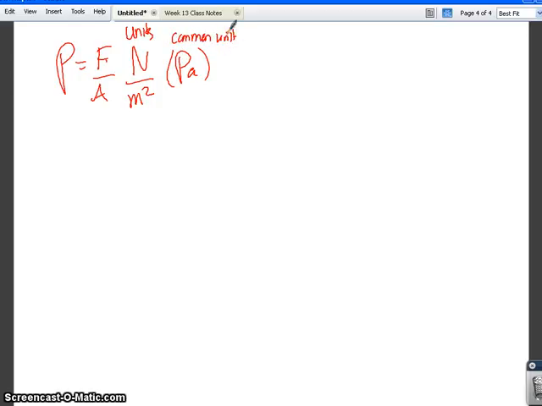There are also units of atmospheres, ATM. Some people use this. There's a unit of millimeters of mercury. Some people use that. There's also units of bar, and there's also PSI.